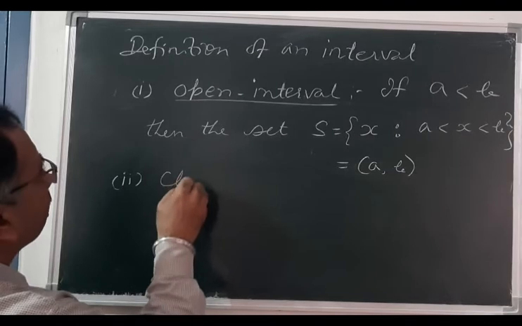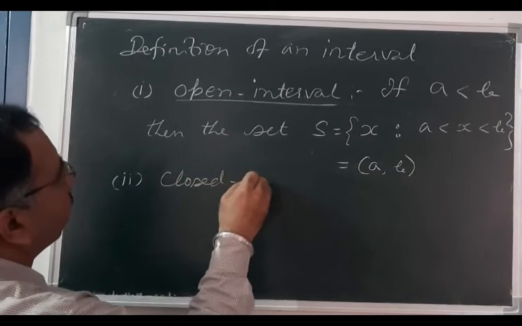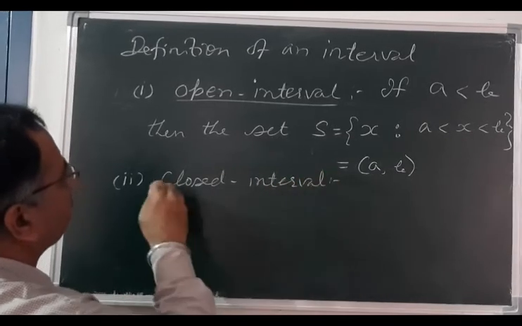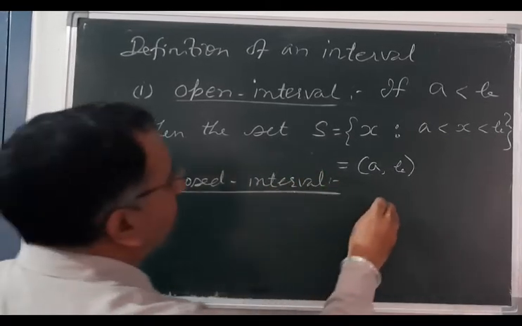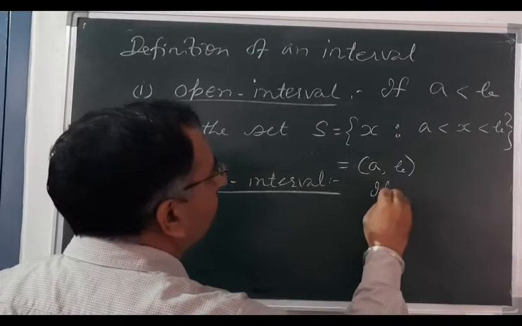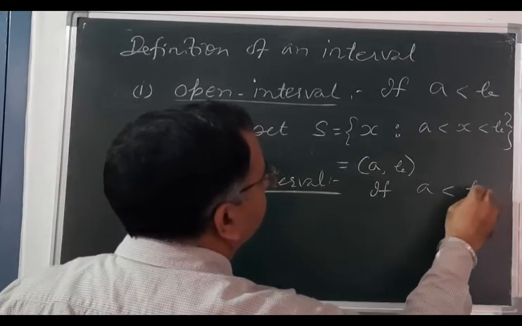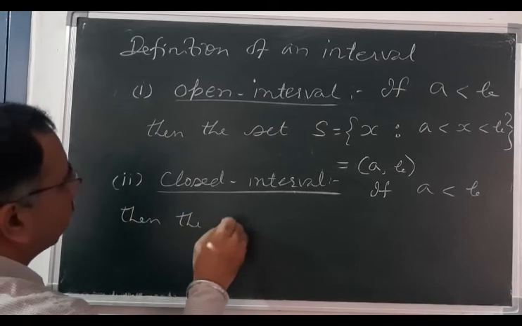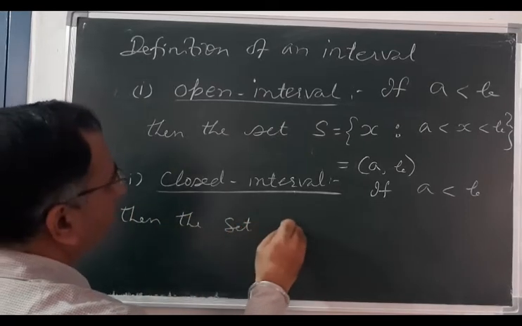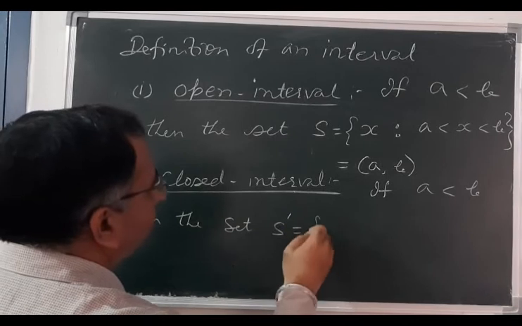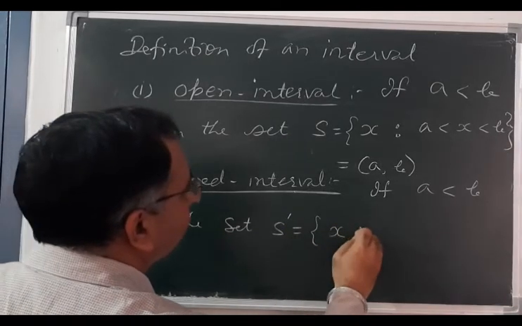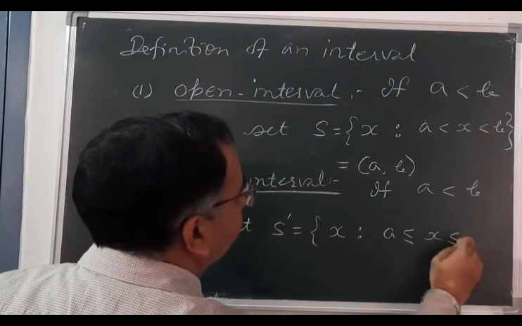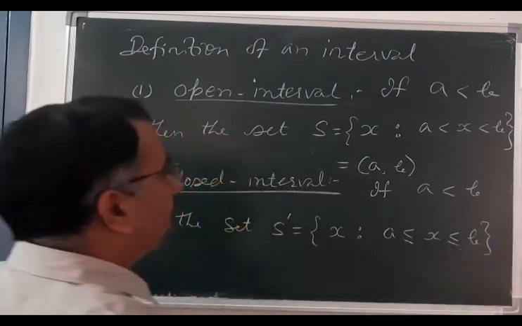Second is closed interval. Again, if a is less than b, then the set S dash is all x such that a is less than or equal to x is less than or equal to b.